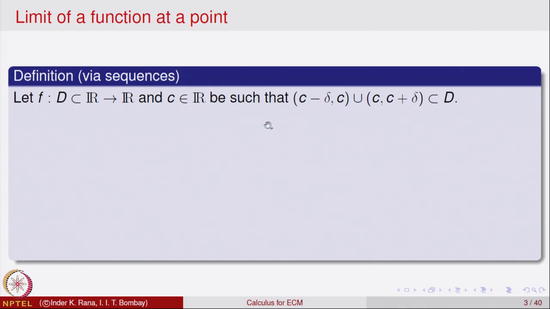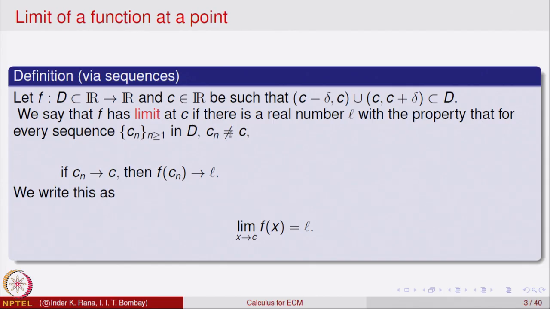So, given such a function, we say that it has a limit at the point C if the following happens. There exists a real number L with the property that every sequence C n in the domain, say, with C n of course not equal to C, and converging to C, the image sequence f of C n must converge to L. The same number L. Then we say that the limit of the function as x goes to C exists and is equal to L, and we write it this way.